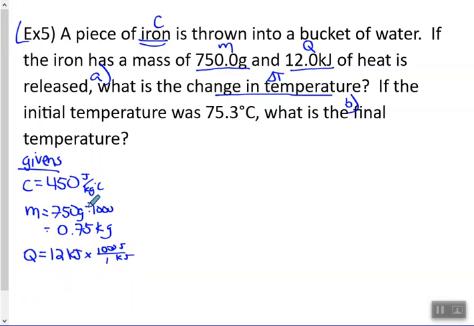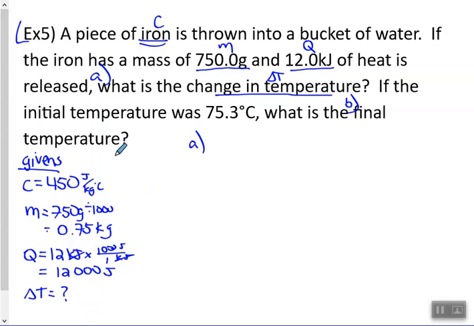We're used to dividing by 1,000 for grams and stuff, but a quick unit analysis shows us that we will multiply by 1,000 here. So 12 times 1,000, we get 12,000 joules. And we want to find the change in temperature, so delta T.